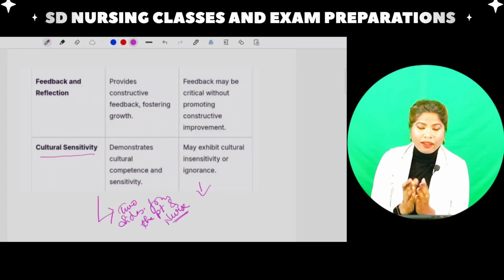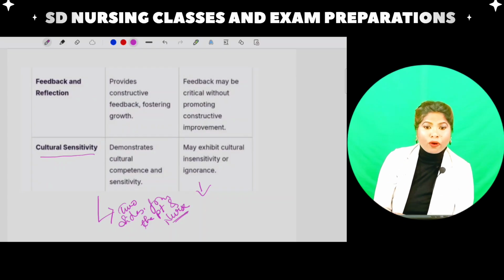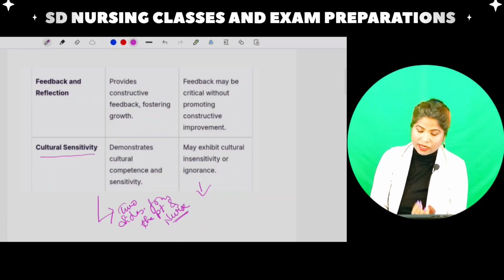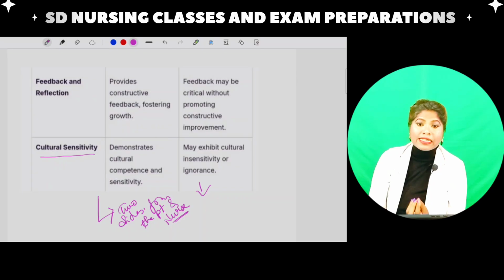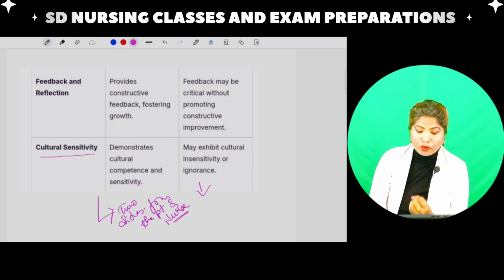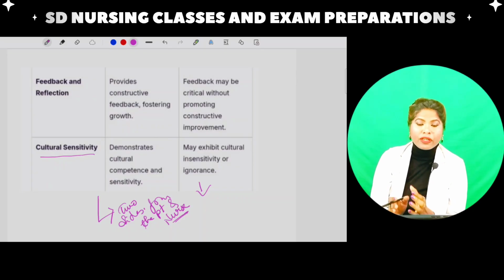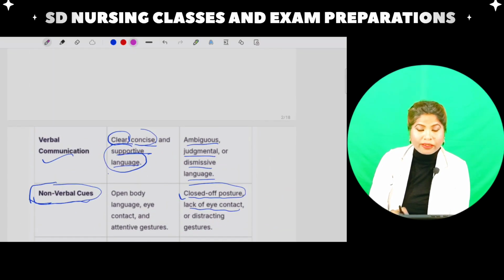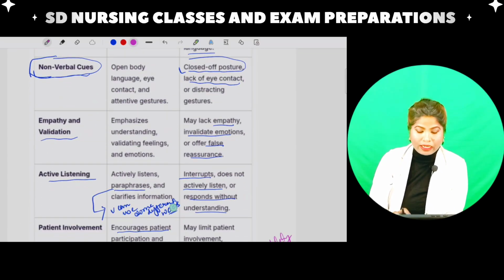But here the nurse is not giving any importance to the patient's culture, ethics, or values. So everything will be negative.